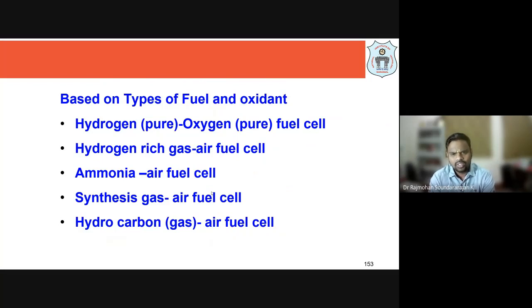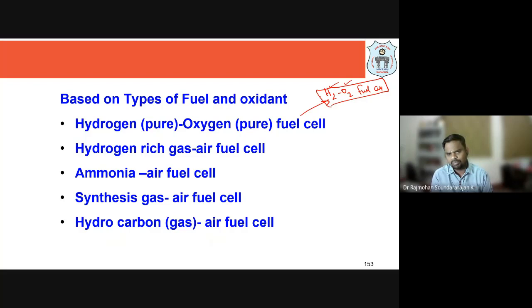As I told you, if you are using pure hydrogen and oxygen as the fuel, then the fuel cell can be called a hydrogen oxygen fuel cell. It's a hydrogen oxygen fuel cell. So that's the major type. Mostly hydrogen is being used, and if oxygen is available cheaply, oxygen is used.